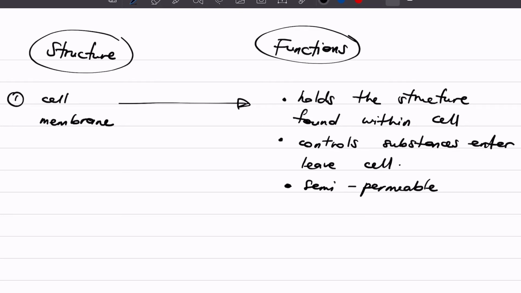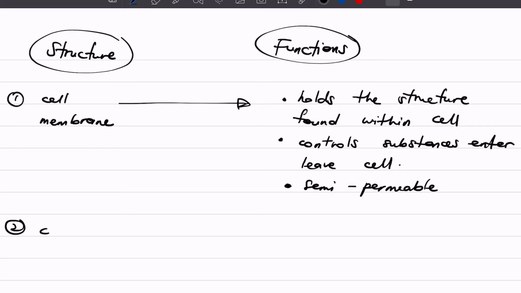What is the meaning of semi-permeable? It allows only certain substances to pass through. I repeat, it allows only certain substances to pass through. This is for the cell membrane.